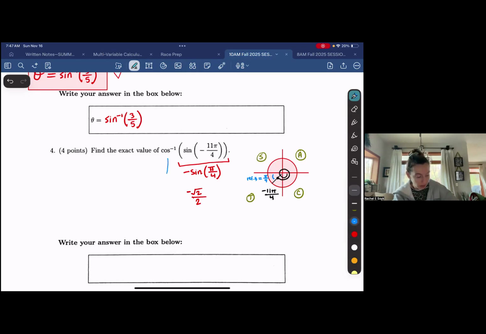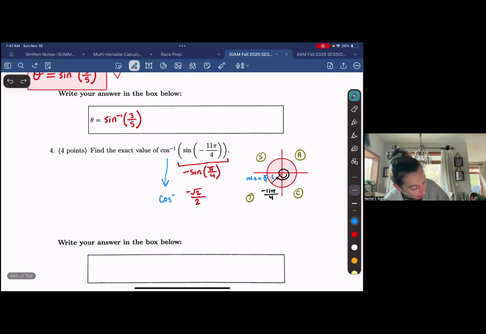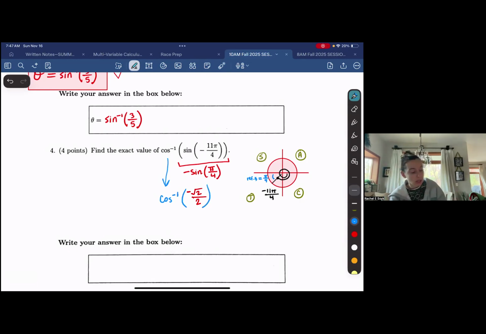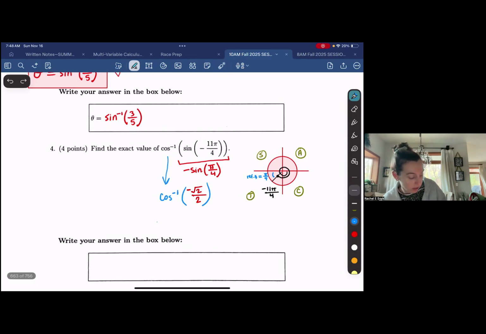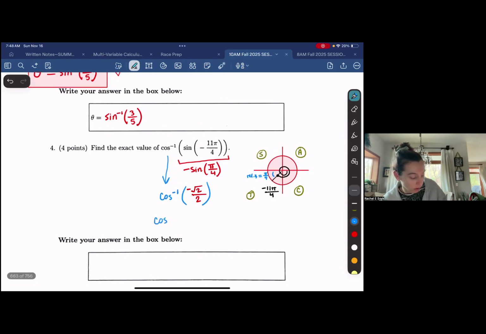Now we can bring down that cosine inverse. So what is this question asking us? It's asking, cosine of what angle is going to give us that negative square root 2 over 2.